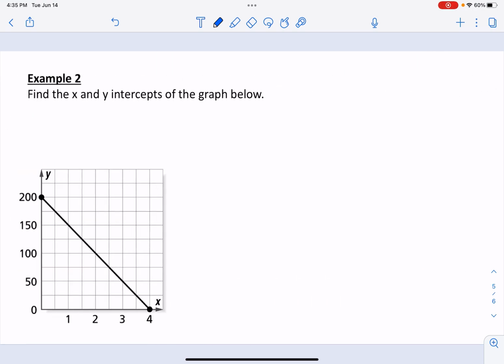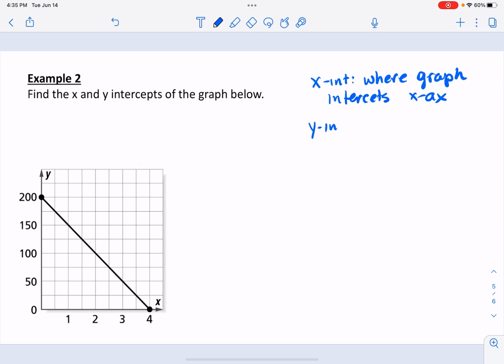Find the x and y-intercepts of the graph. Okay, so x-intercept, where the graph intersects the x-axis, and I think I spelled that wrong.